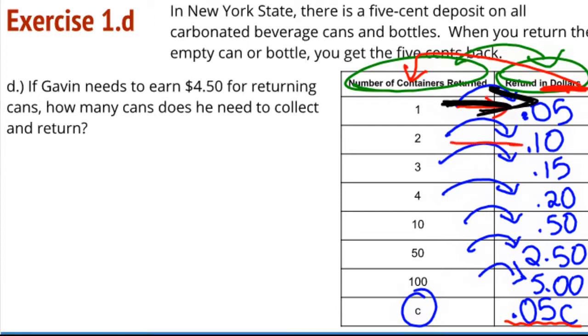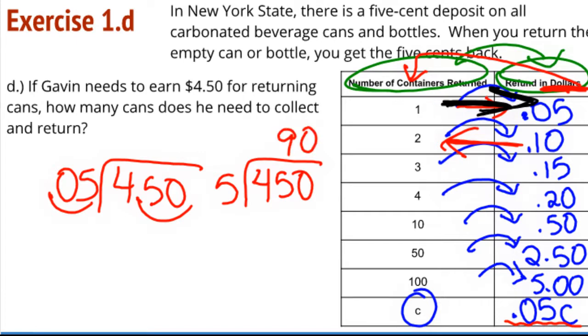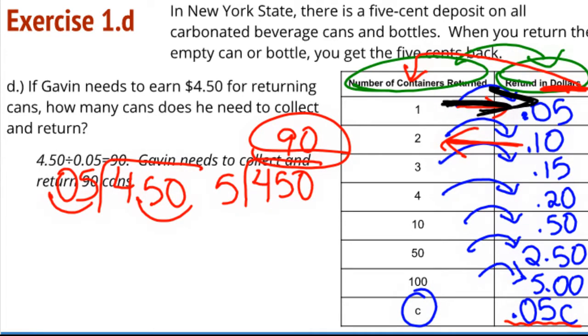Well, going back this way must be division. So I'm going to take the $4.50 and I'm going to divide it by the 5 cents. And the decimal can move 2 places, I've got 450 divided by 5, and that's going to give me 90. He's going to need to collect 90 cans if he wants to get the $4.50.